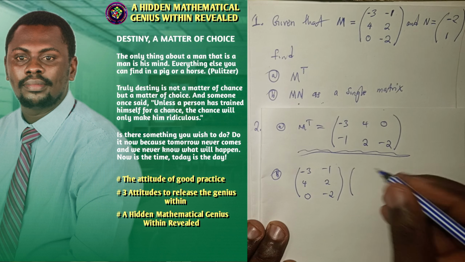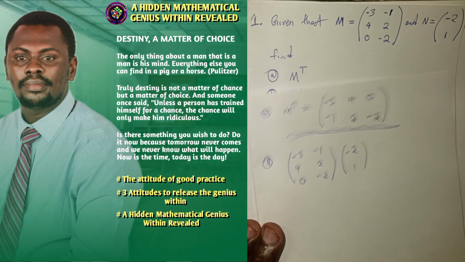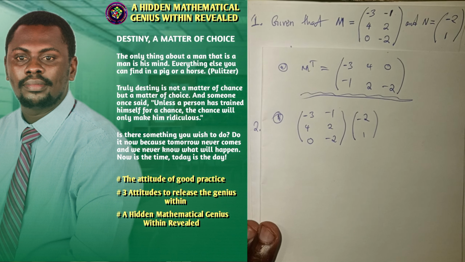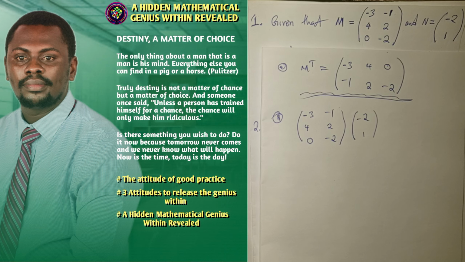Then matrix N, we have -2, 1. So always remember that when you are multiplying matrices, it should be row multiplied by a column. So the rows should multiply the columns. So the first row should multiply every column that is in the second matrix.